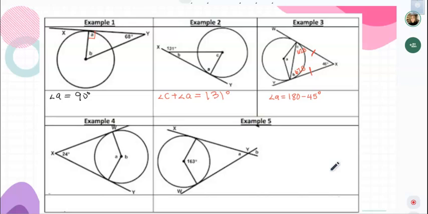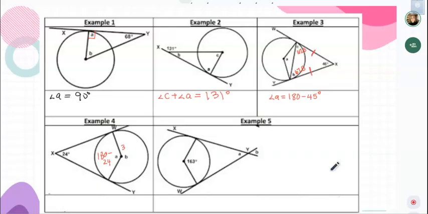On number 4, can we figure out an equation for angle B? Think about how many degrees are in a circle. 360. And I know that A is equal to 180 minus 24.